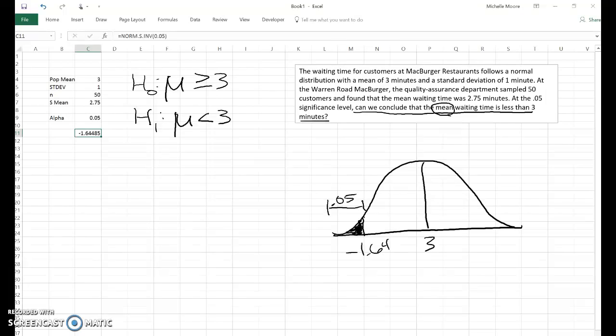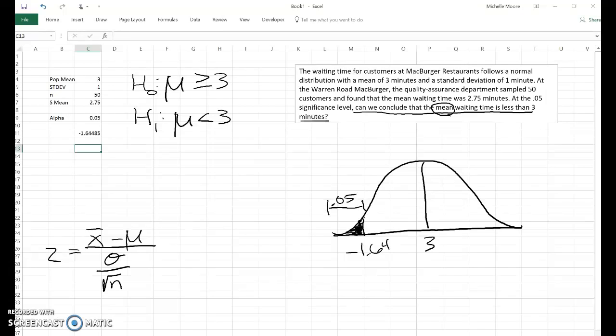So let's go ahead and do our equation. The equation is, z equals the sample mean minus the population mean. Always remember, sample mean comes before population mean. Otherwise, you'll end up on the wrong side of the curve. So sample mean minus population mean over standard deviation over the square root of n.